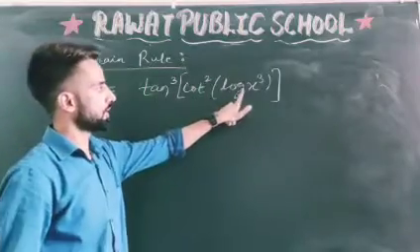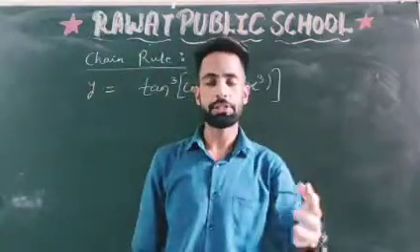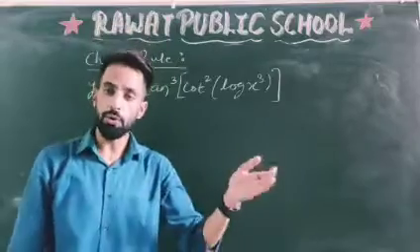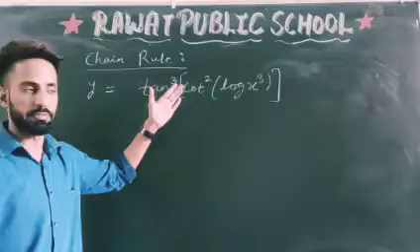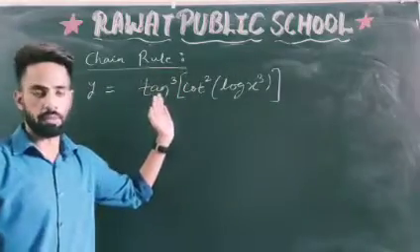There are 3 subfunctions and 1 main function. And how would you identify the main function? The main function is written at the first. The very outermost is the main function.